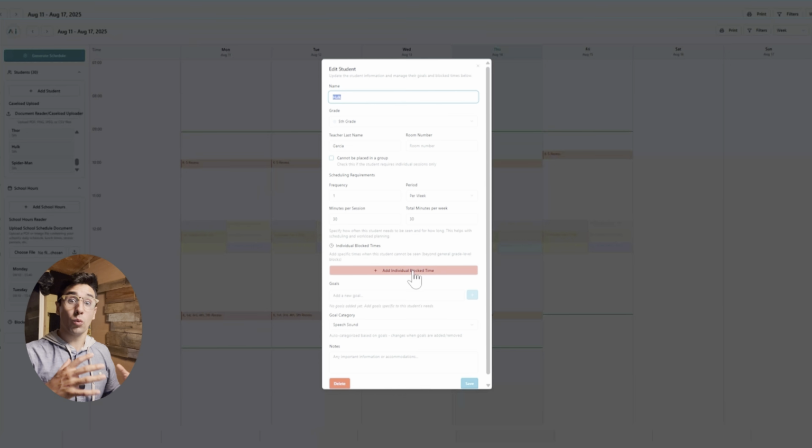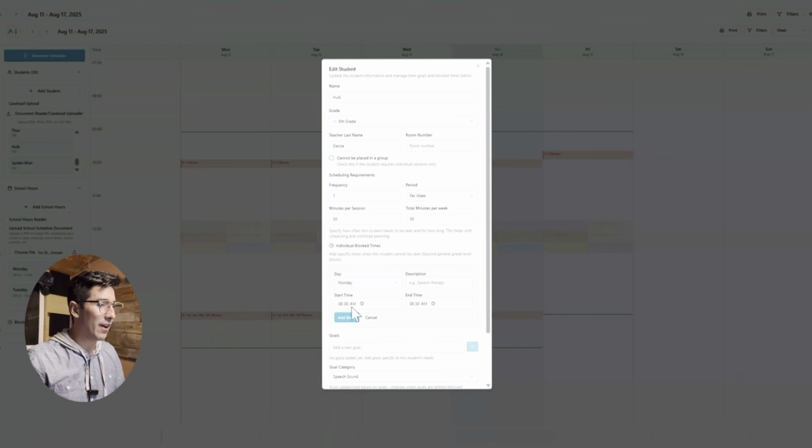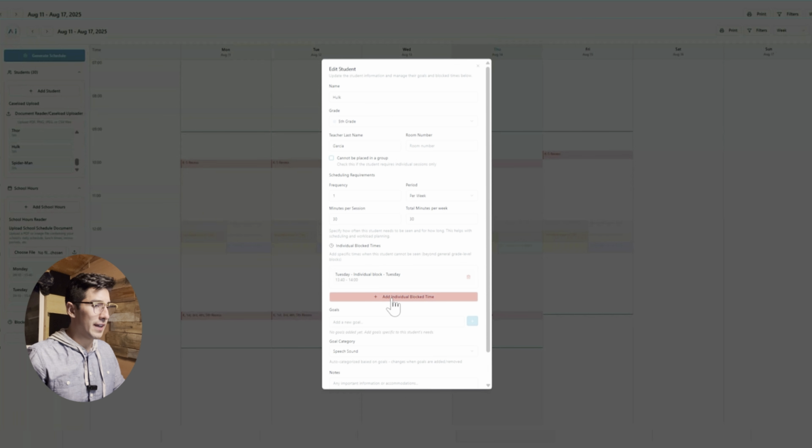And then our scheduler will know, oh, okay, you know what? I'm supposed to schedule around this individual block time. So you know what? Let's add that right here. Let's put on Tuesday between, let's say 1:40 p.m. to 2 o'clock p.m. And then let's put it on Thursday.